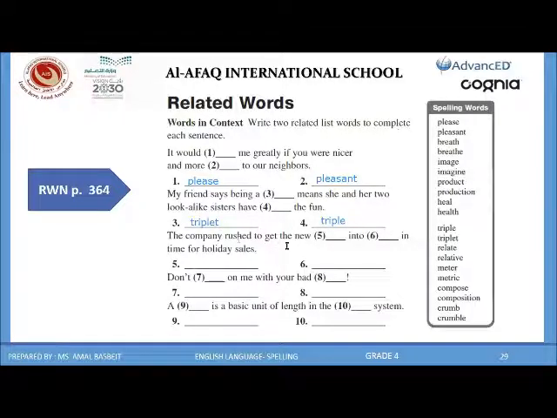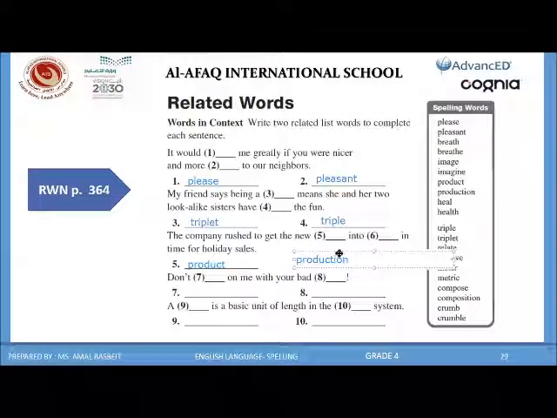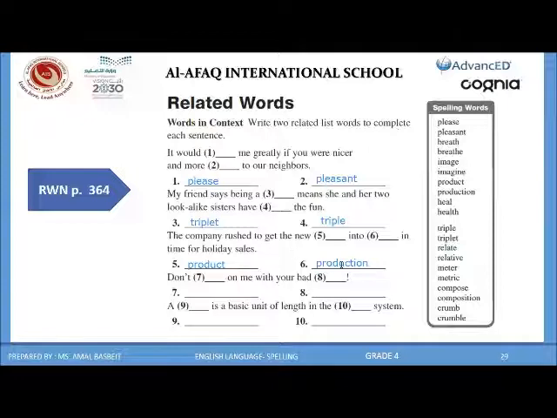The company rushed to get the new item in time for holiday sales. To get the new item. Another word for item is product. The related word is production. So look here, I wrote 2 related words, product and production.